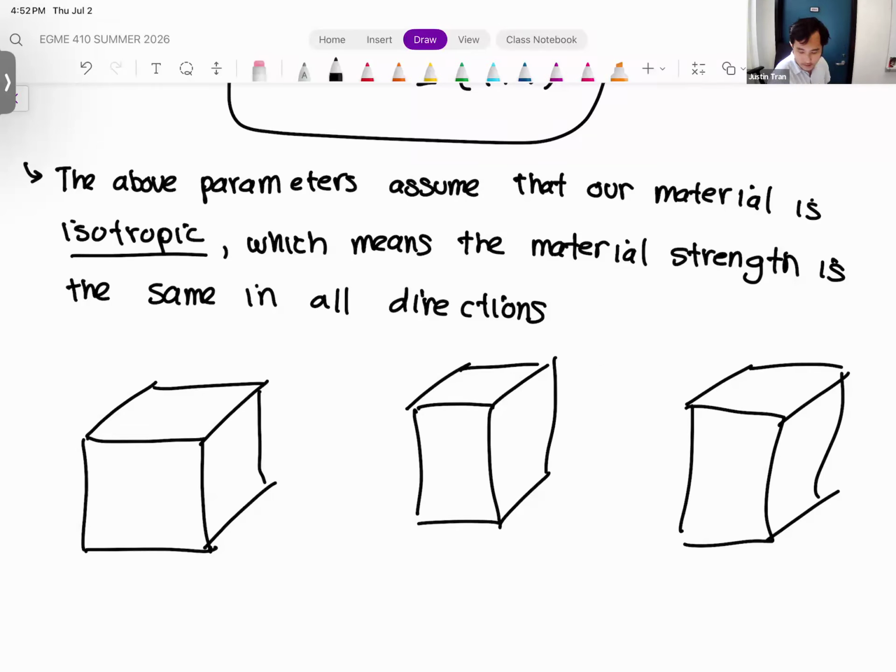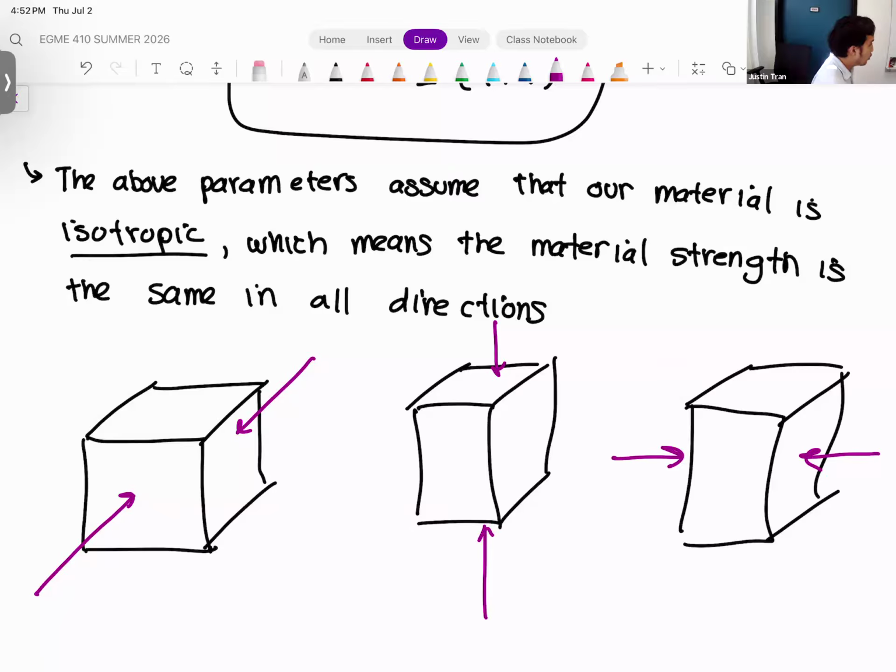It doesn't matter if you load the cube this way, this way, or this way. Those are the three primary directions of loading: the Z direction, the Y direction, and the X direction. You should observe the exact same amount of strain and stress. Granted, the strain and stress are going to be in different directions, but the magnitude of the stress and strain is going to be the same in all of these for an isotropic material.